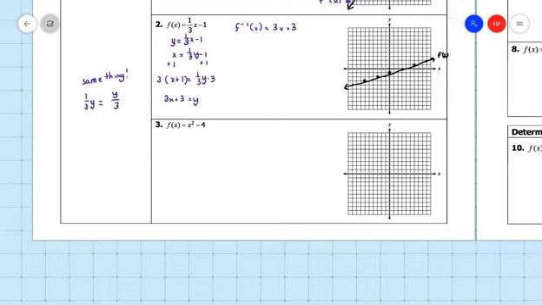So for my inverse, I have a y-intercept of 3 with a slope of 3. And again, we can see that reflection across the line y equals x.